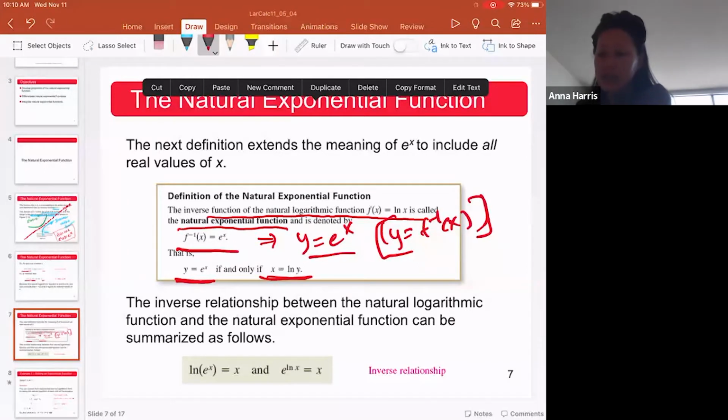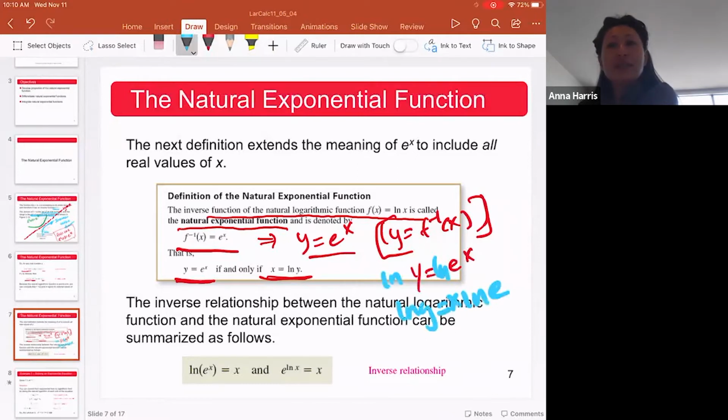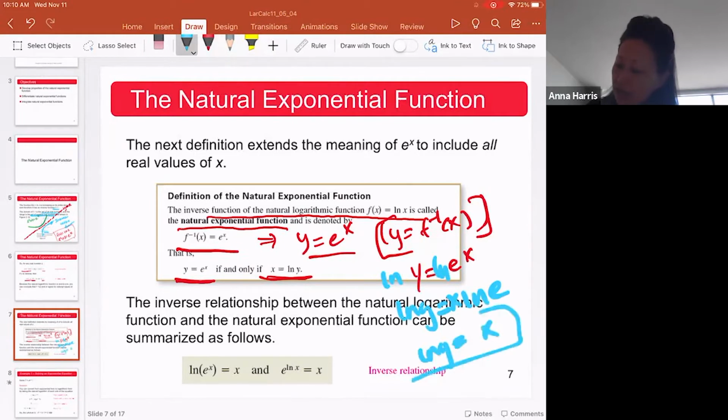Because it makes sense. Look at this, y equal to e to the x. If I place natural log in the front, then you get natural log of y is equal to natural log of e, and then put the x in the front. And natural log of e is equal to what? 1. So you get an x. So natural log of y is equal to x. So that's how you know it.